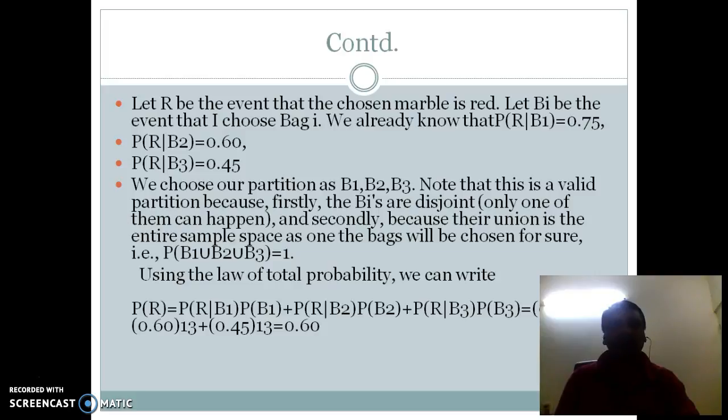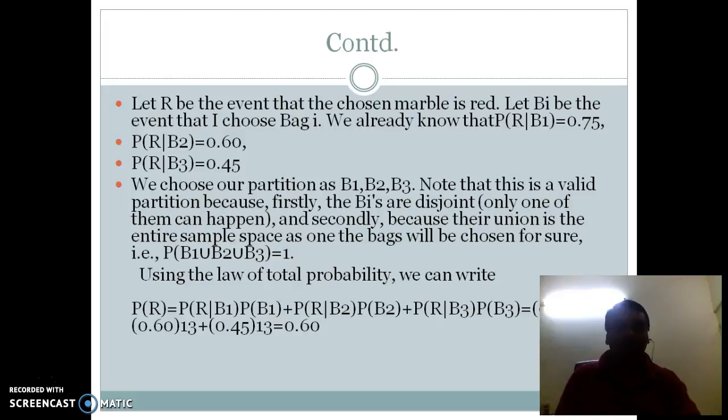Note that this is a valid partition because firstly the Bi's are disjoint, only one of them can happen, and secondly because their union is the entire sample space, as one of the bags will be chosen for sure, that is P of B1 union B2 union B3 is equal to 1.